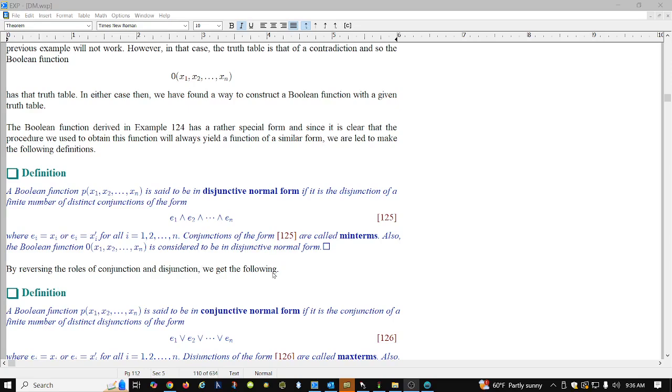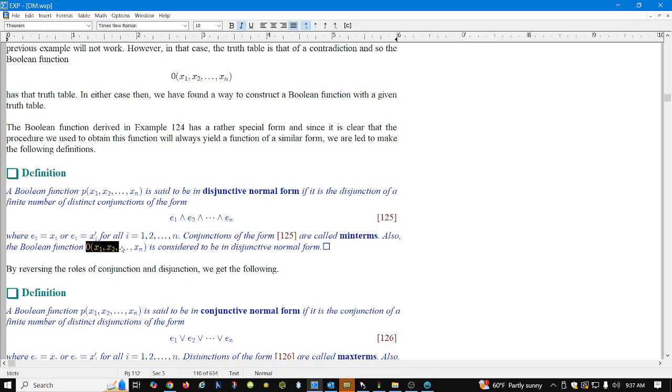Sorry, I meant to say any truth table that's not a contradiction has a disjunctive normal form. There's a polynomial in disjunctive normal form with that truth table. So you've got two choices here.